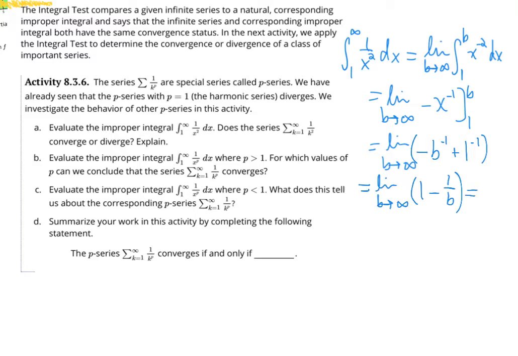And that limit will be 1, since 1 over b goes to 0 as b goes to infinity. All right, this tells us that the integral converges, therefore the associated series converges.